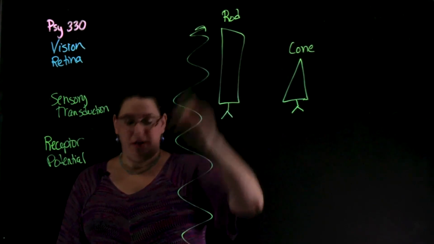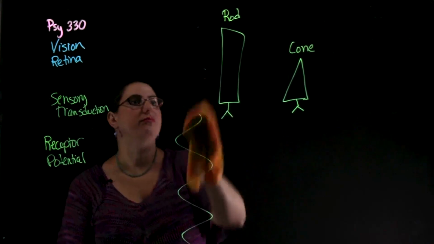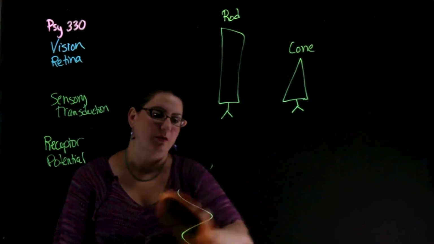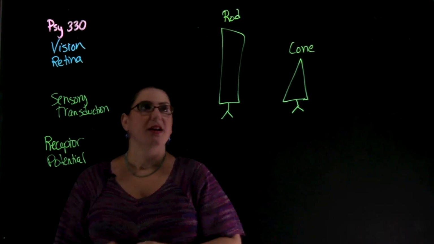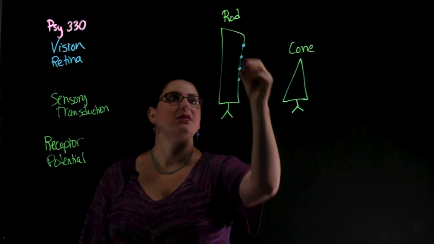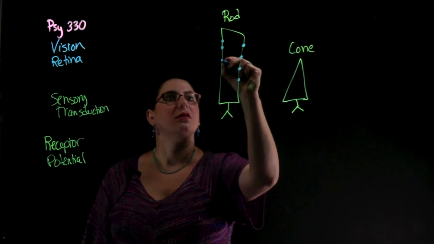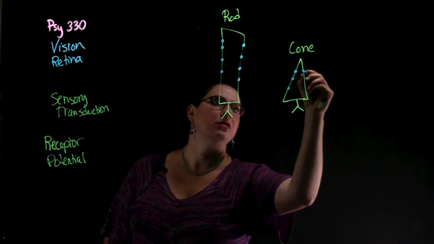In the dark, let's erase our photon here. In the dark, rods and cones have cation channels that are propped open. So let's draw these cation channels. It's the same in the rod and the cone.